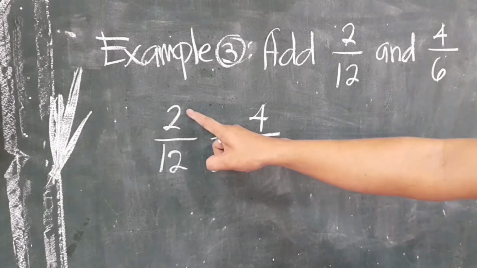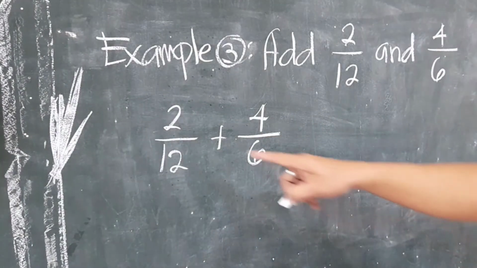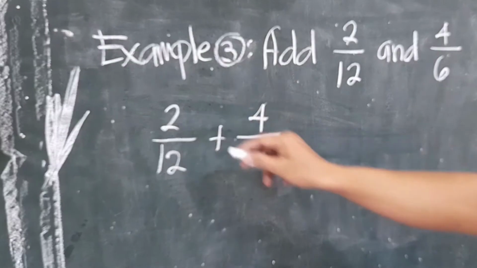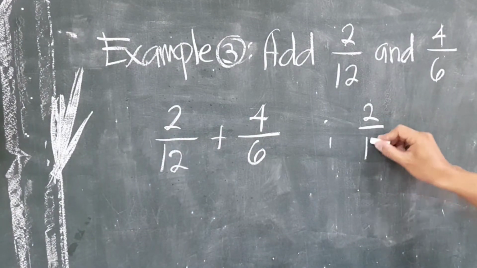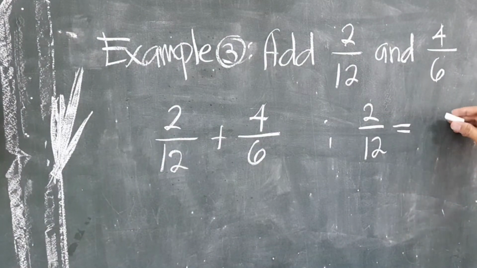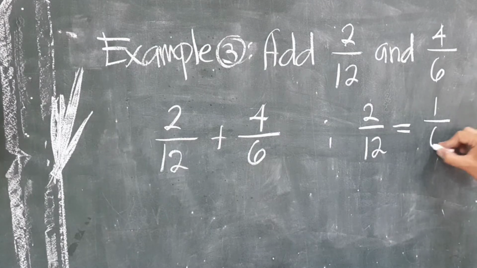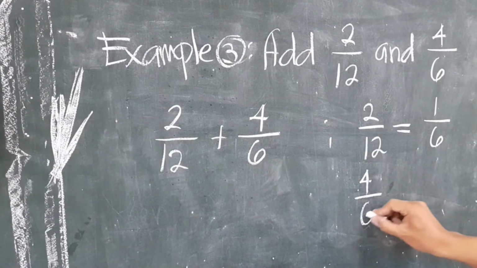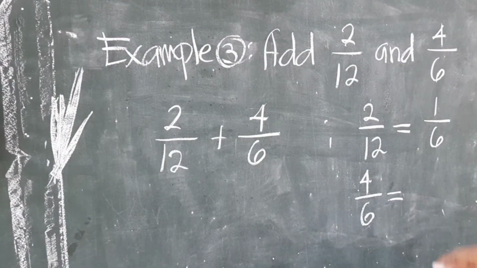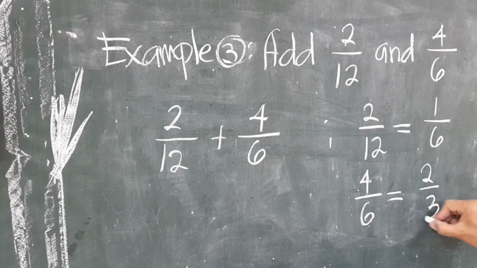You have 2 over 12, this is 1 over 6, and 4 over 6 is 2 over 3.